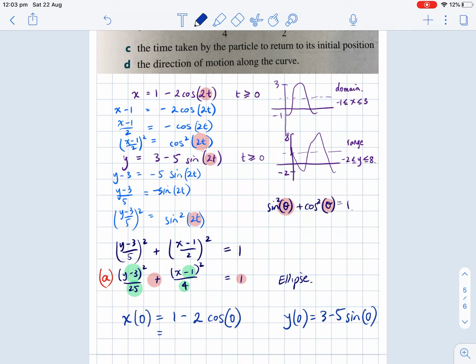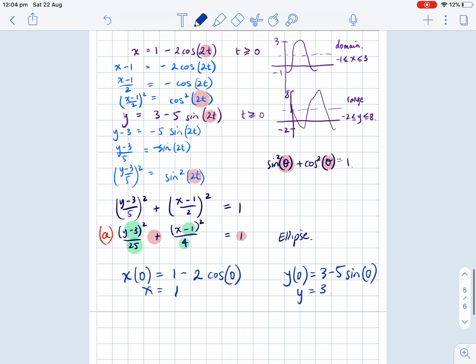So at this point here, I would have cos of 0 is 1, so 1 minus 2 is negative 1, and the y value would be 3 minus 0, which is just 3. So this gives me the coordinates x is 1, y is 3.